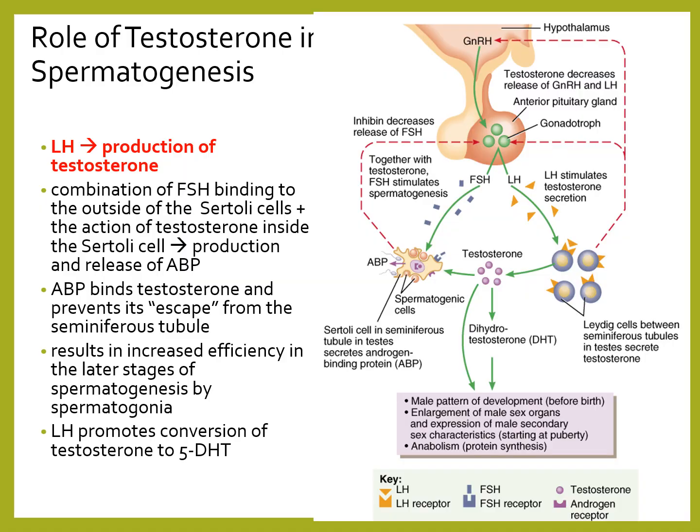Luteinizing hormone results in the production of testosterone from the Leydig cells. Now, testosterone's target is going to be the Sertoli cells of the seminiferous tubules. And the testosterone actually enters into the Sertoli cell and stimulates the Sertoli cell's expression of the FSH receptor.